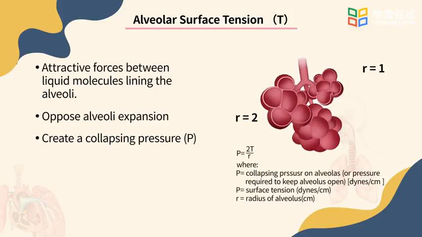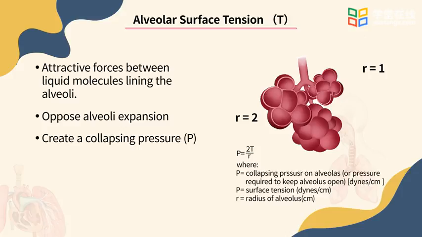For elastic tissues, such as the lungs, the expansion will cause attractive forces, tending to oppose the expansion and bounce back spontaneously. This is called surface tension, abbreviated as T. These forces can create a collapsing pressure, which is negatively related to the size.